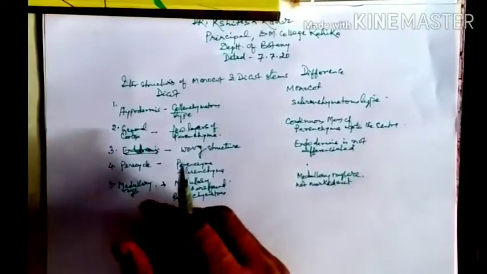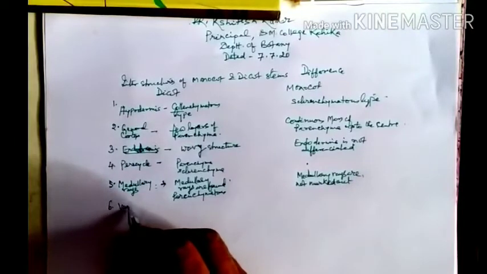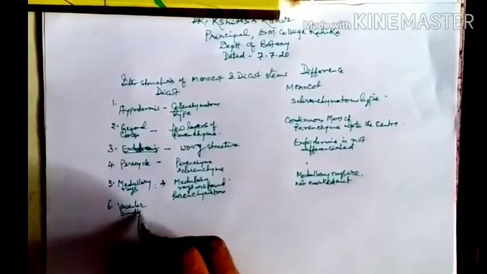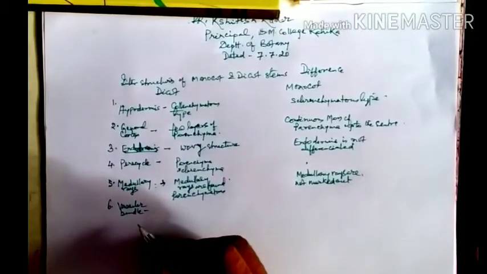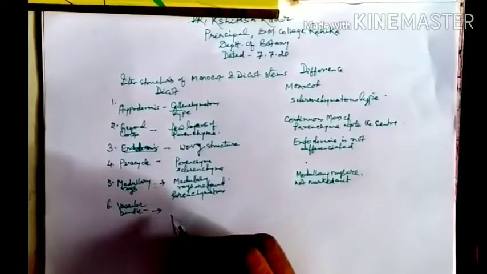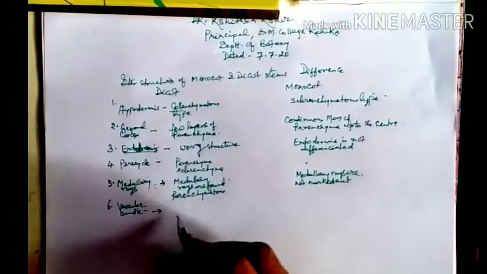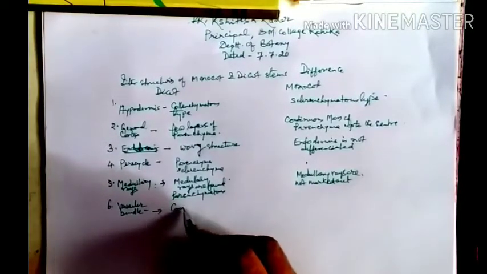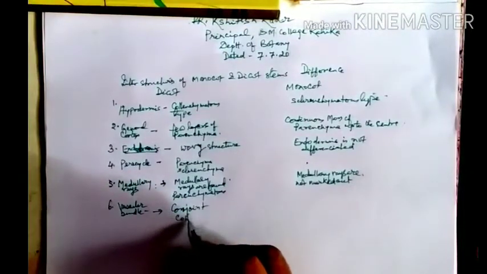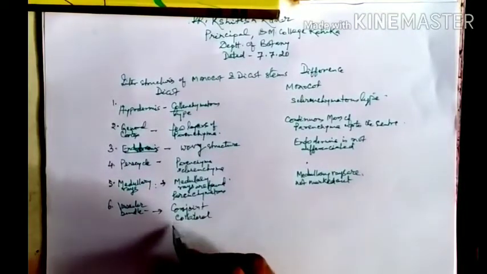Next is the vascular bundle. In the dicot stem, the vascular bundles are conjoint, collateral, and open.